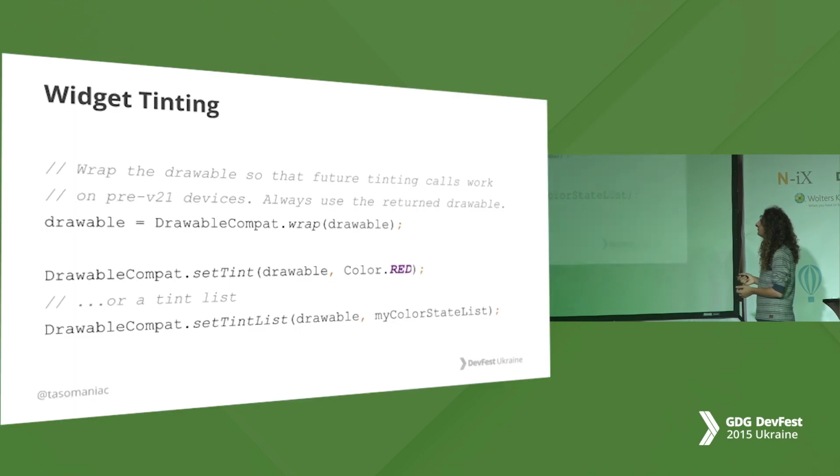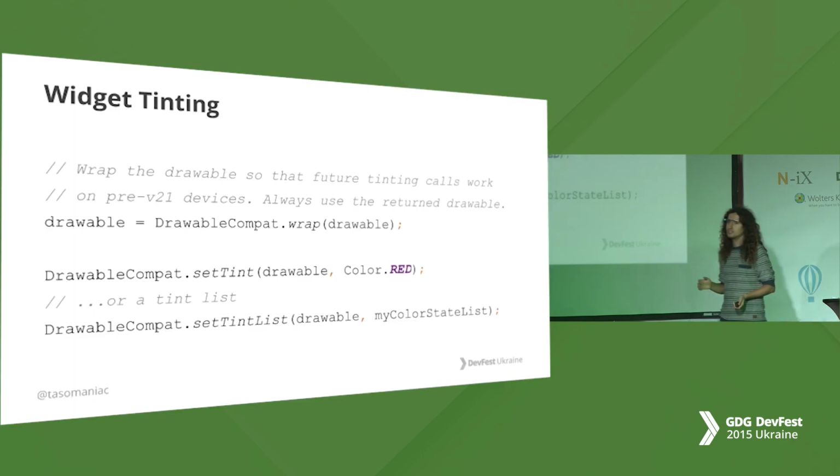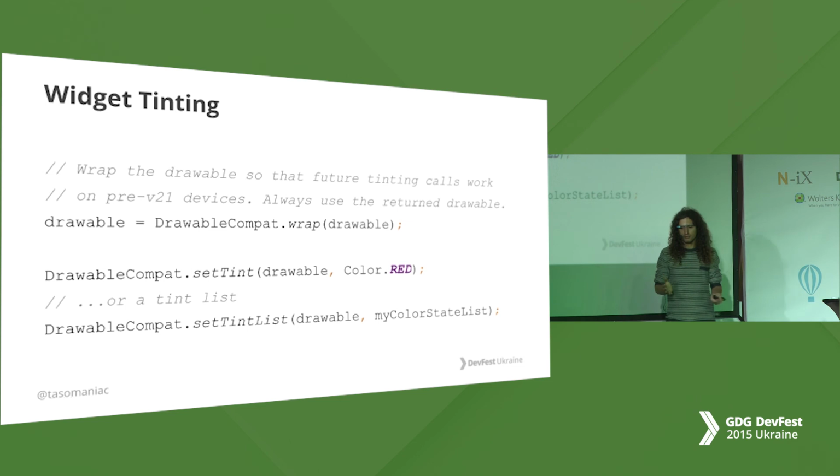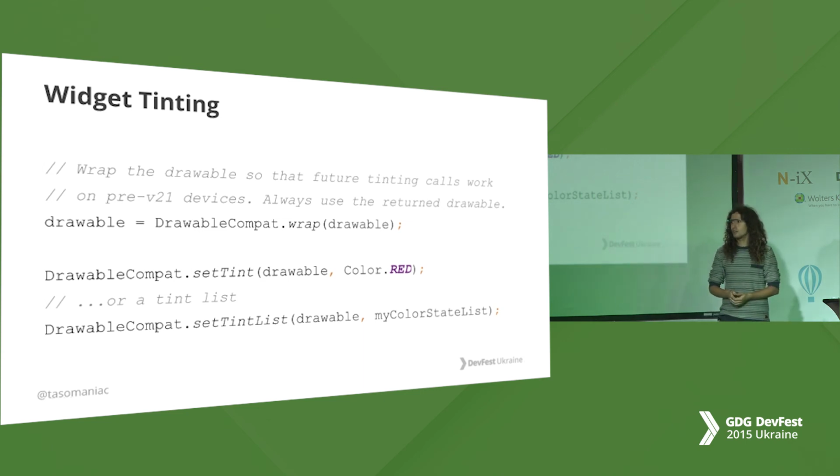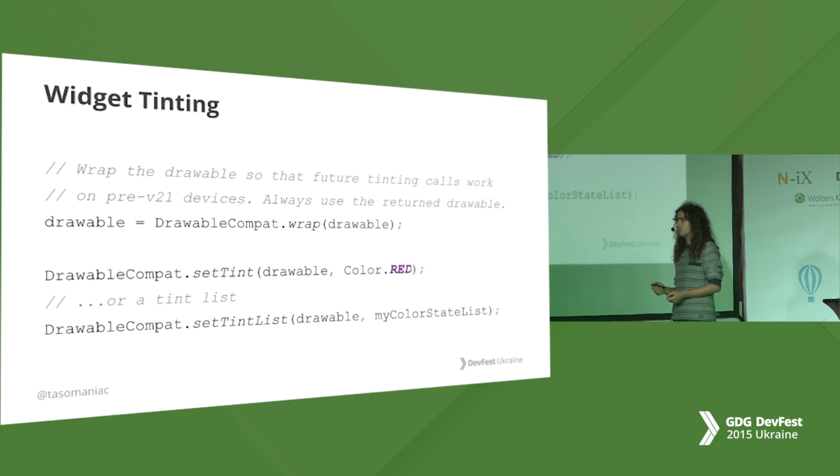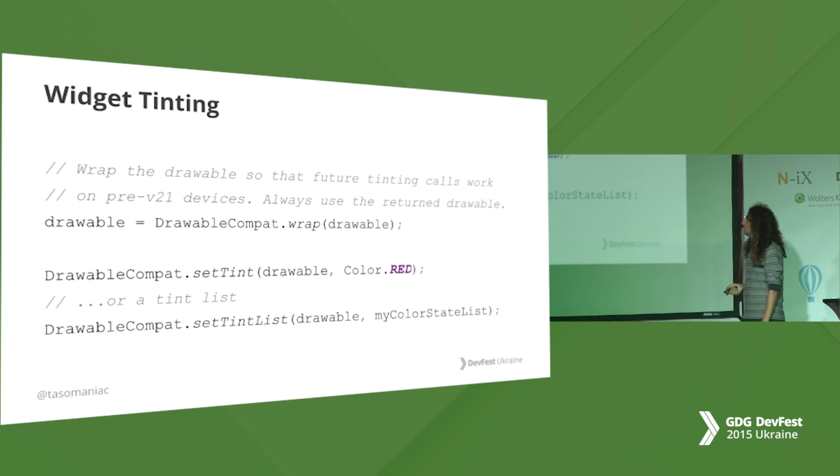The other thing is widget tinting. You may have an image, and you can easily change its color to red, which is great. You don't have to supply the same assets in your drawable folders with different colors.